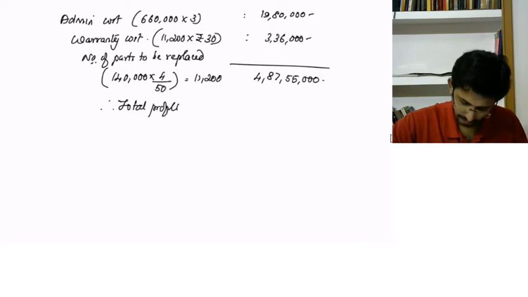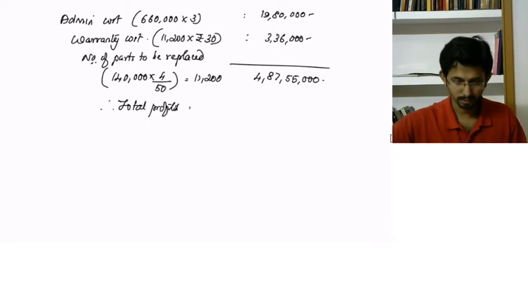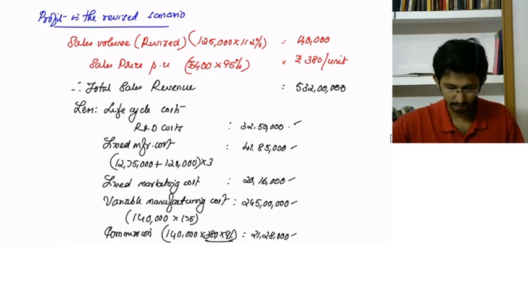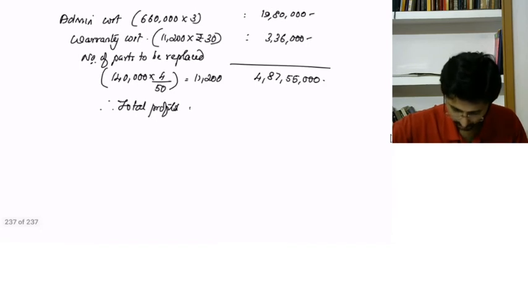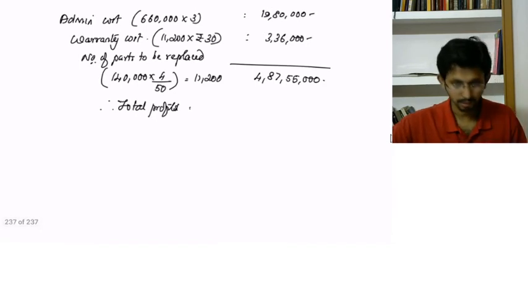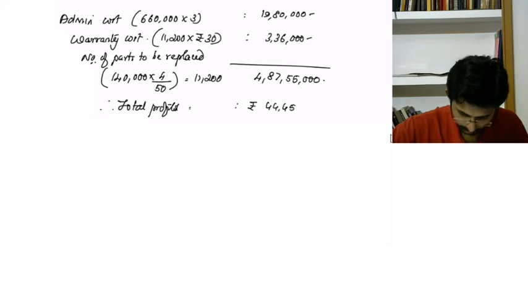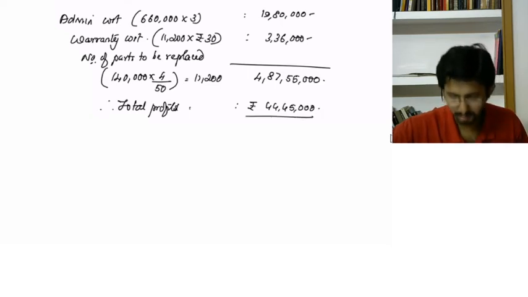Therefore, total profits is equal to, what is the total revenue here? 5 crore 32 lakhs. Am I right? Okay, so that will be 532 minus 487 lakh 55,000. That will give you 44 lakh 45,000.